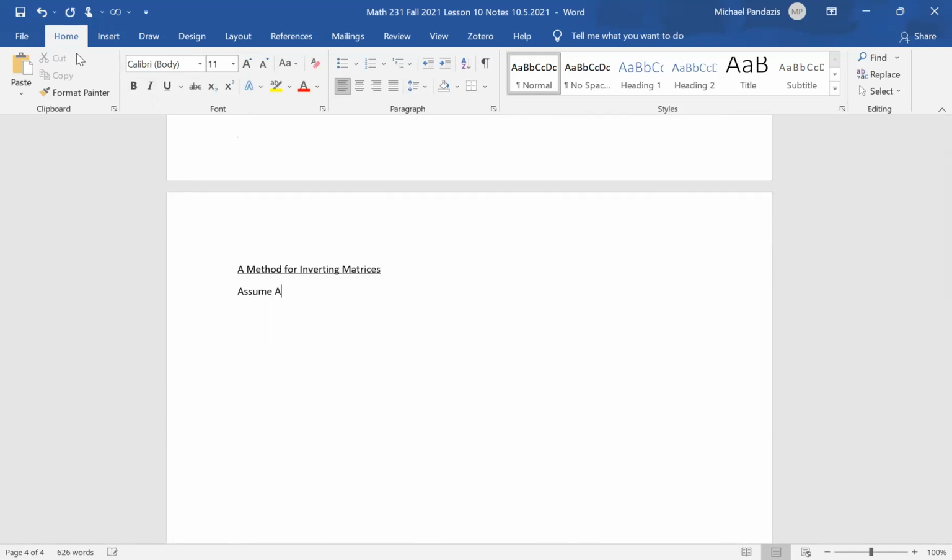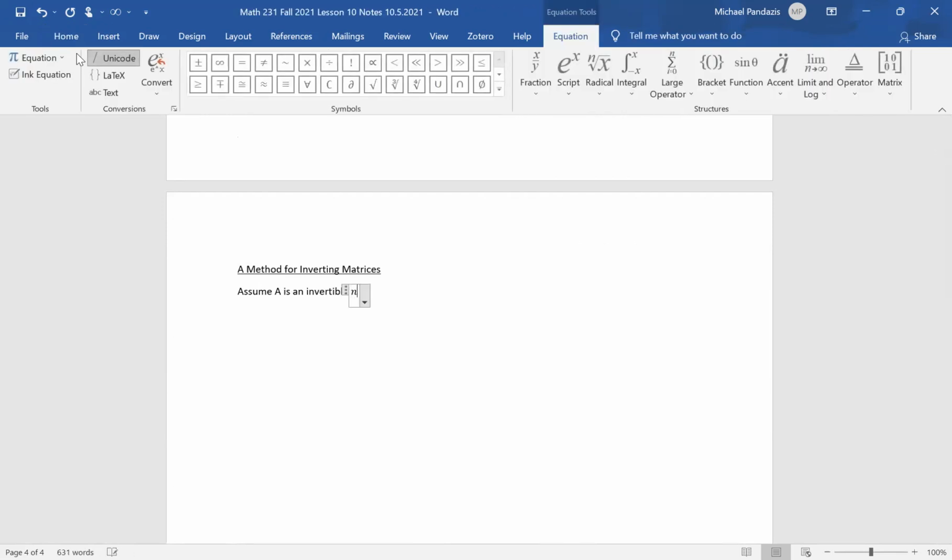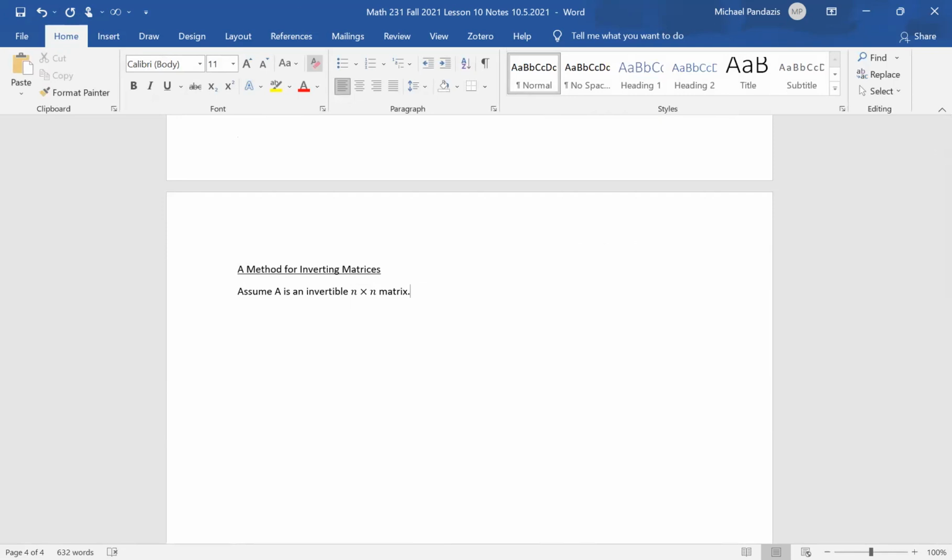Assume A is an invertible n by n matrix. It's a square matrix.